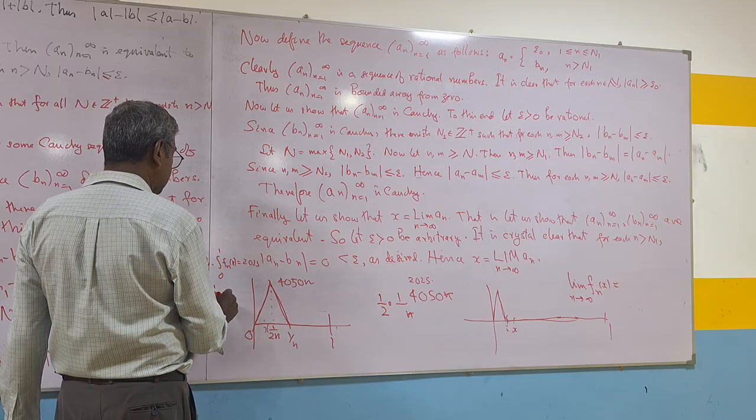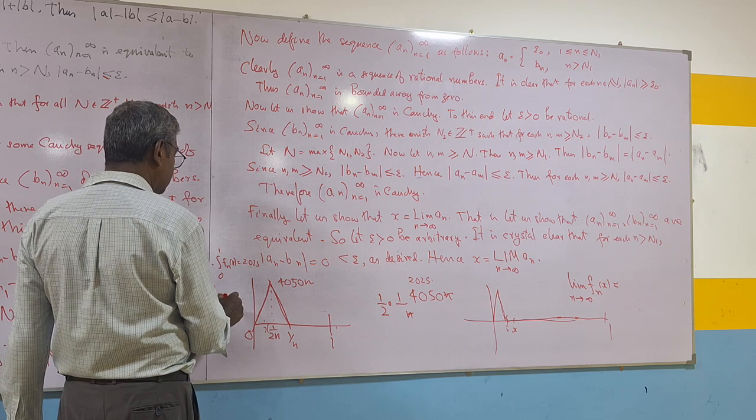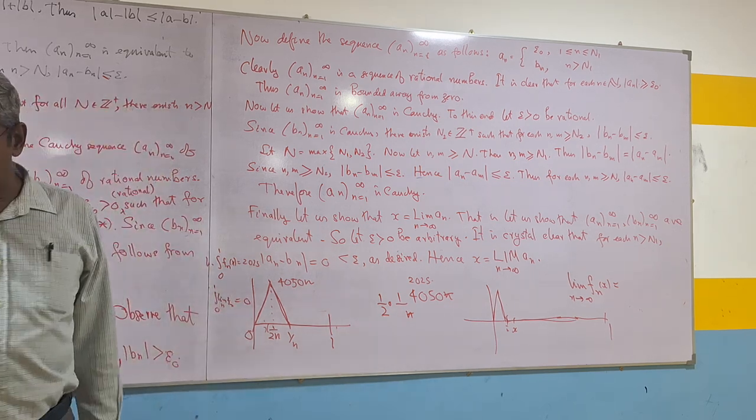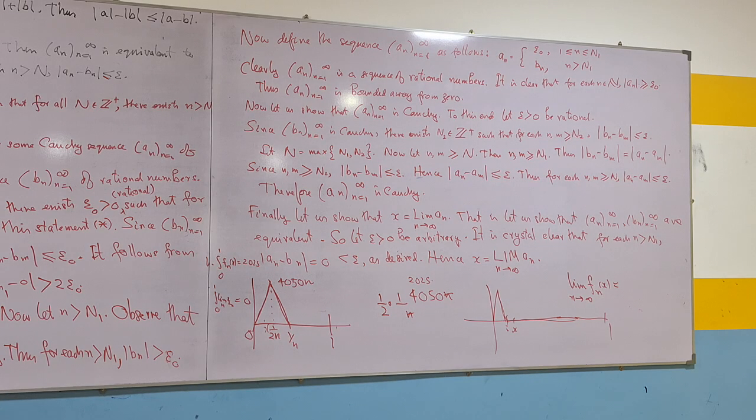But if you take the integral of the limit, you get 0. Therefore, for functions, the integral of the limit and the limit of the integrals are completely different. Do you see what I'm saying? So anyway, we will be doing that sort of thing.